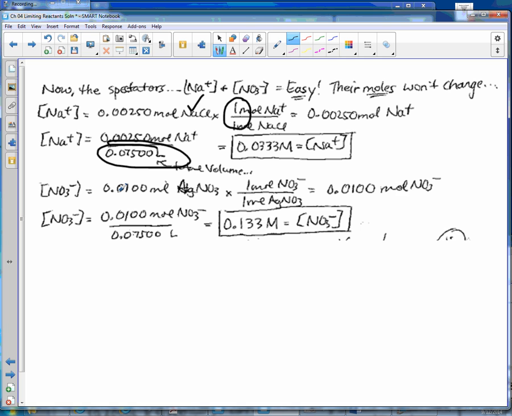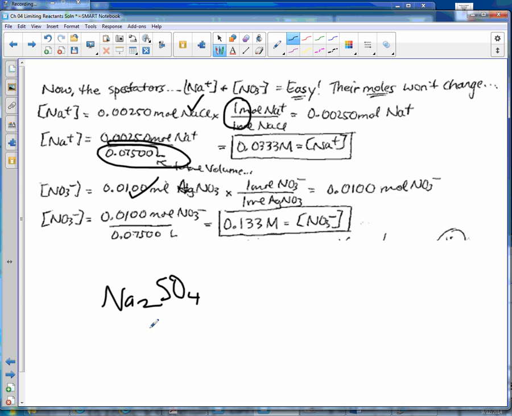Same thing with the nitrates. If you have 0.01 molar silver nitrate, notice that came from the original information. For every 1 mole of silver nitrate, there's 1 mole of nitrate. Take that number and divide it by the total volume. Just to give you an example real quickly, in case you're confused about what I mean: what if you had used sodium sulfate, and that's where your sodium came from?